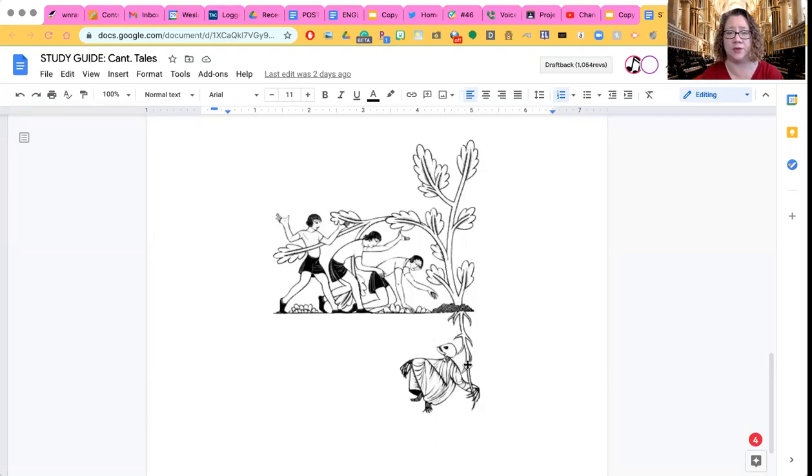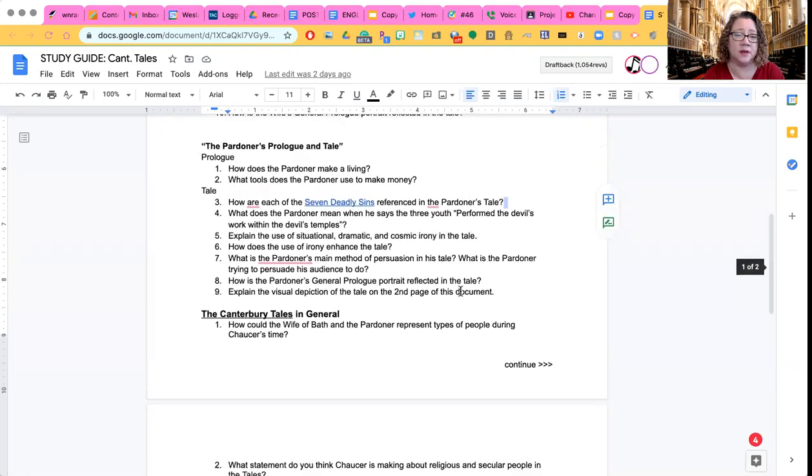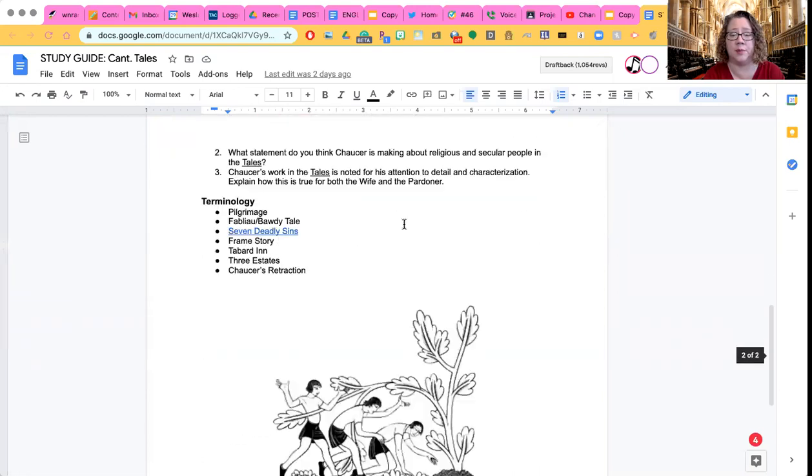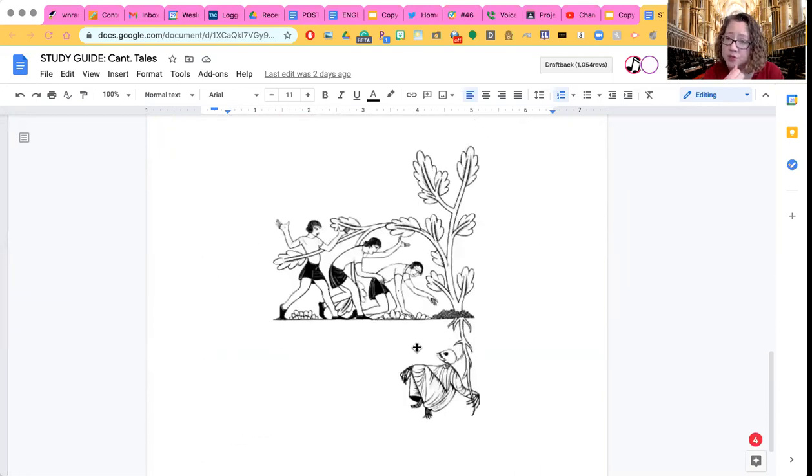And it goes back to that Latin phrase that the Pardoner uses before he even begins his tale, about greed being the root of all evil. And in this case, it's not just greed, but death comes to them as well because of their greed. So this is almost like an allegorical image. One of the questions asks you about that in the Pardoner. So if you read the Pardoner well enough, then you would be able to interpret that image, basically.